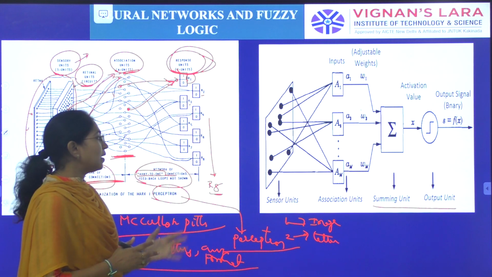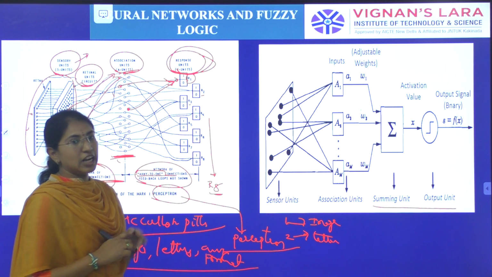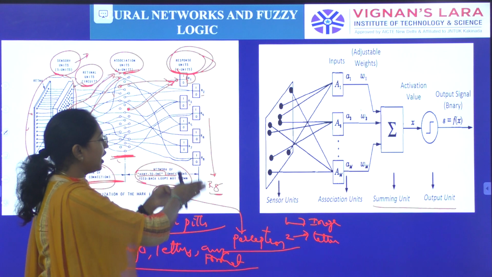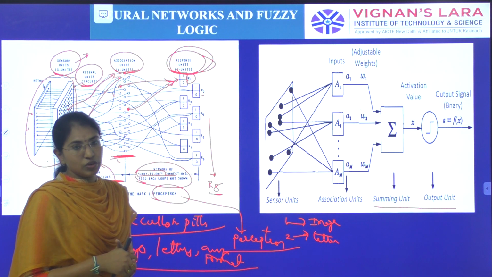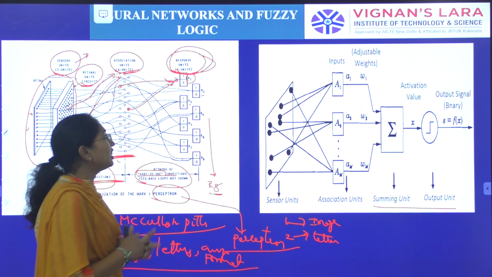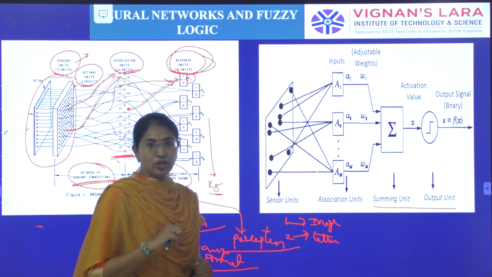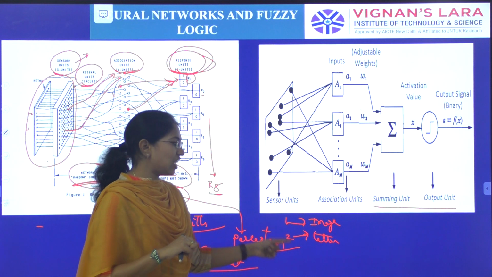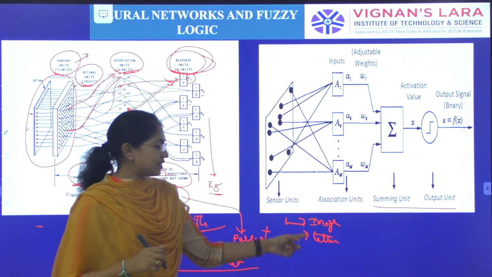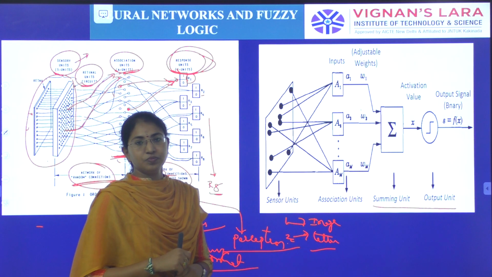In the same way, all the inputs present in the association unit are fed to all the response units. Now, in the response unit, we have considered only two inputs for R1: one is an image, and the second one is a letter value.